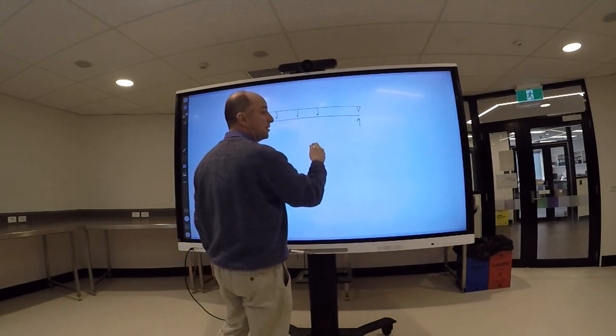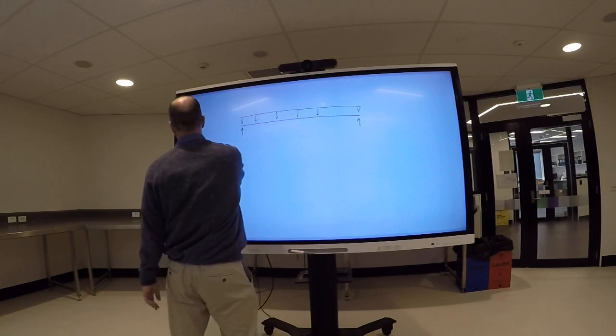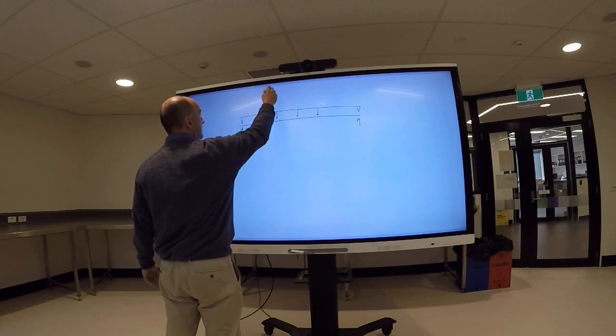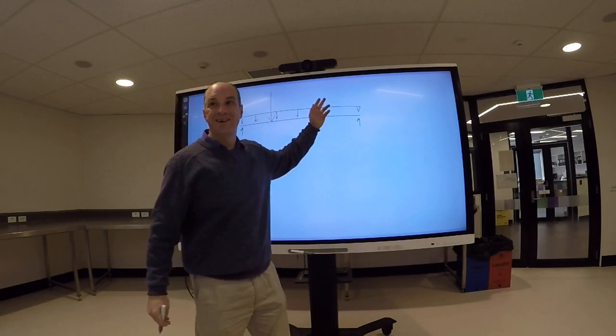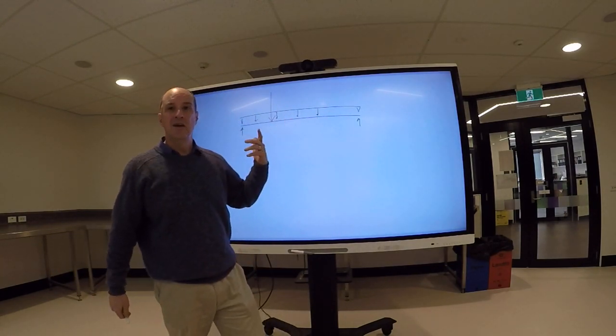The load actually might be a point load. In fact, if it's a person on there, the load might be a point load which lands right there. Or it might be a point load which could be moving anywhere, a moving point load. Or it's a distributed load.